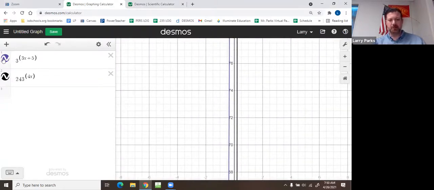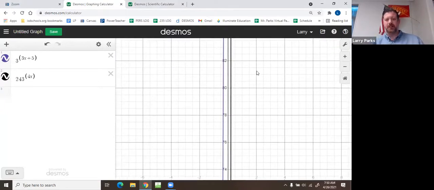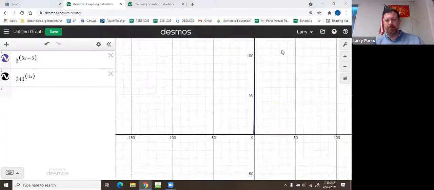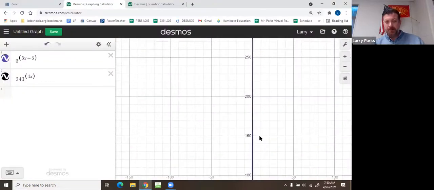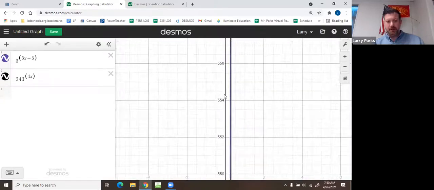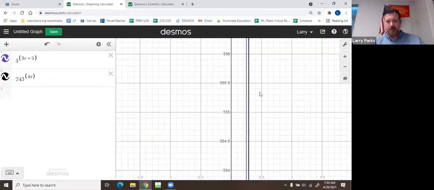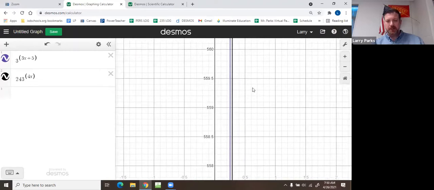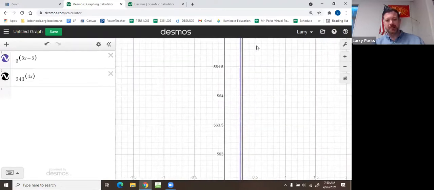I got the blue and the black. They probably come together eventually. Getting closer. That's the only thing I don't like about this method.